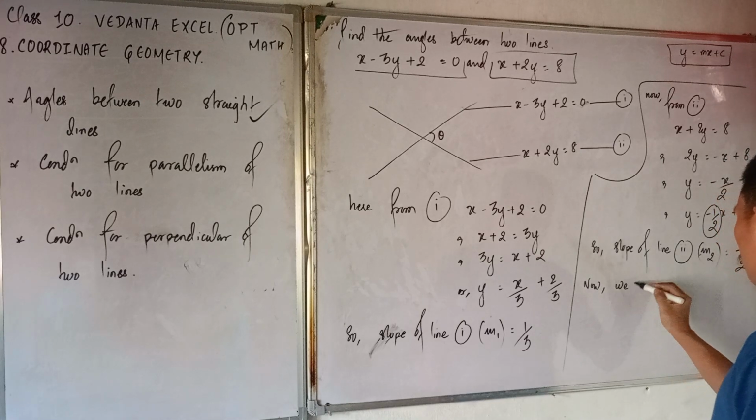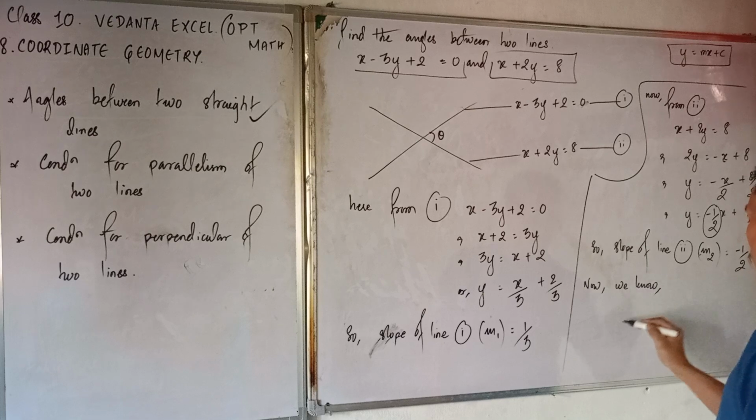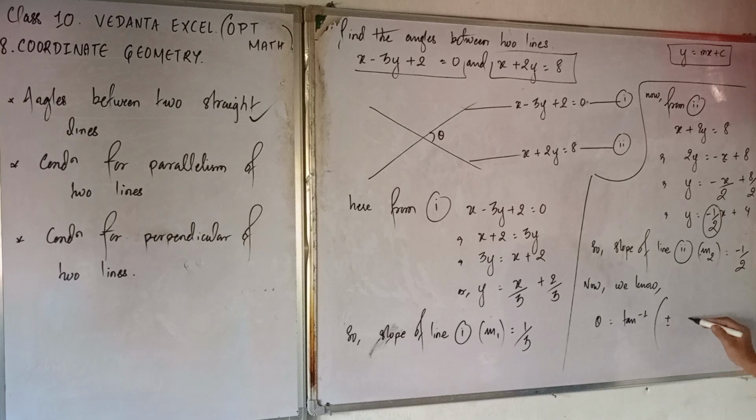We know theta equals tan inverse of plus minus, m1 minus m2 whole divided by 1 plus m1 m2. Now you just put the respective values for m1 and m2, and then simplify it.